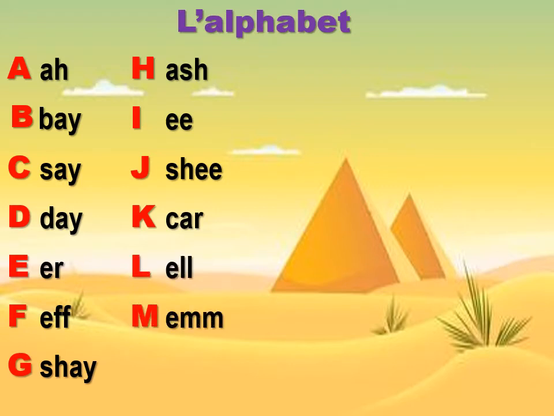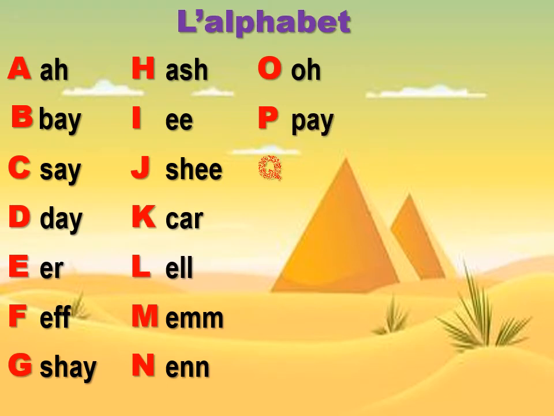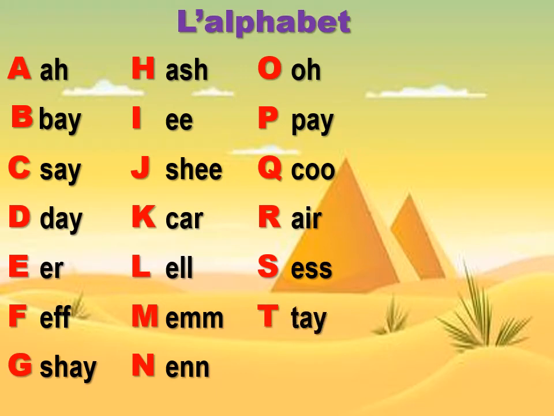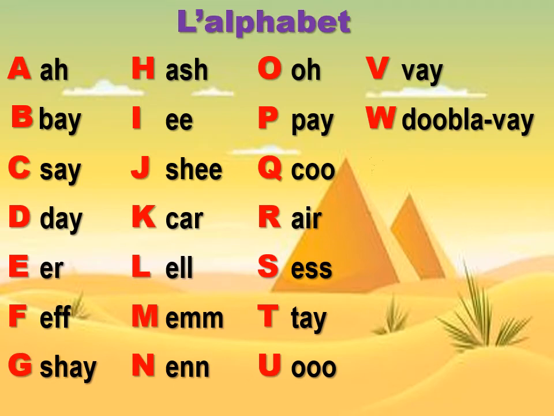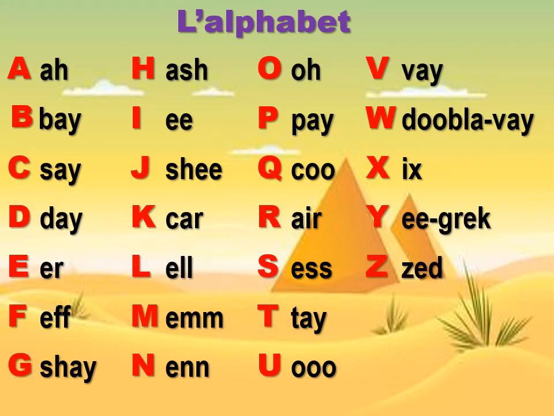L, M, N, O, another D letter, P, Q, oh, let's get some R, S, another D letter, T, U, another D letter, V, a double V, W, X, Y, and Z.